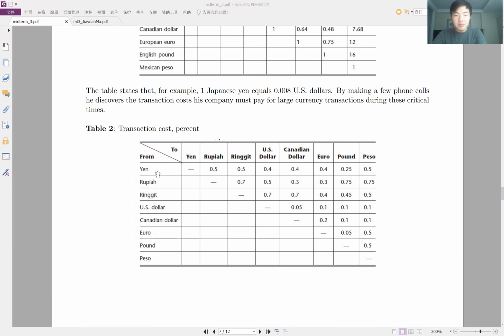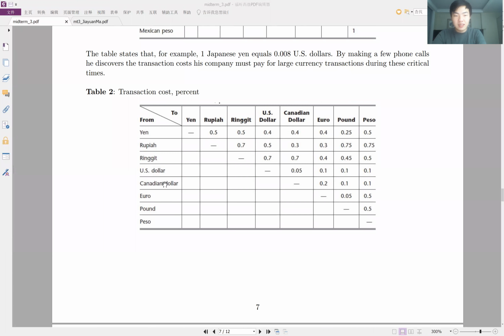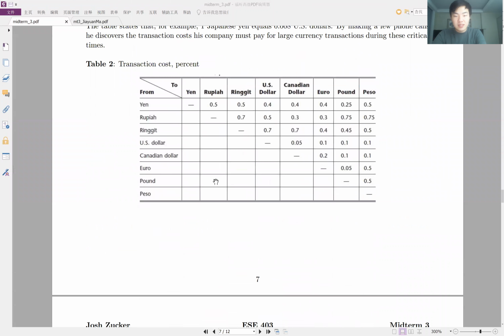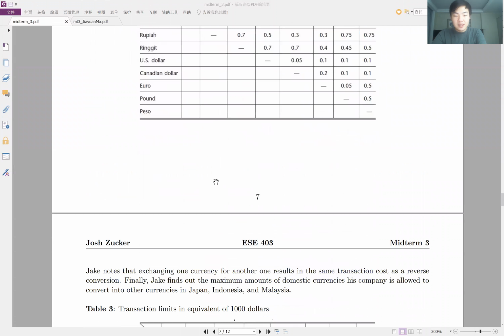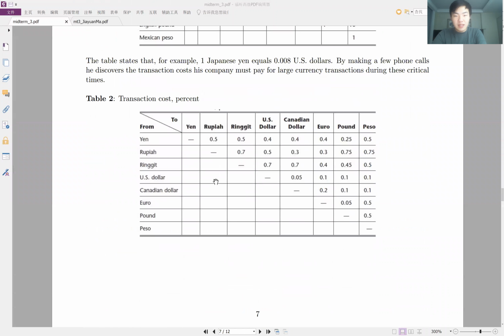For example, if you exchange from yen to US dollars, there's a 0.4% transaction cost. And if you convert Canadian dollars into euros, there's a 0.2% transaction cost. This is what makes this problem complex.